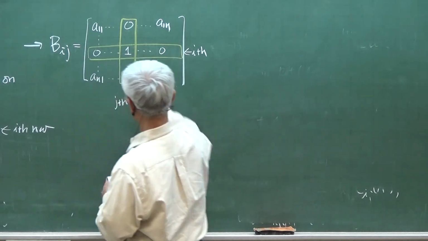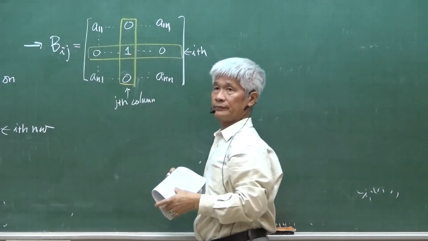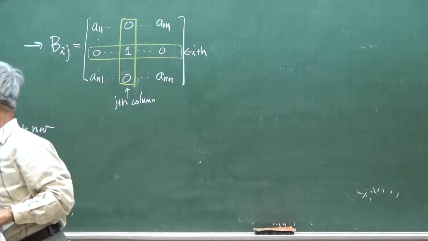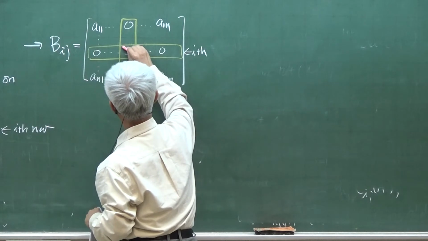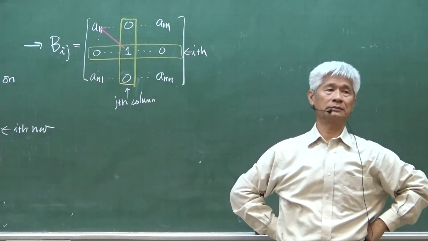Now we will move 1 to the top here. So our objective is to move the 1 toward the top left. How can we do that?